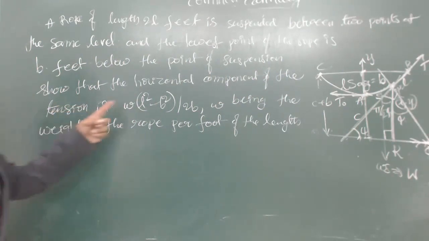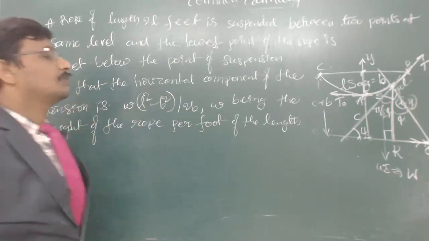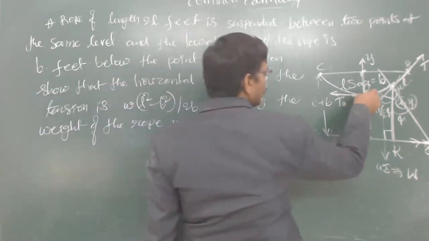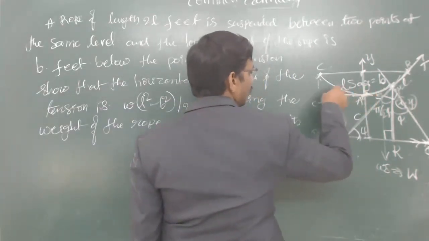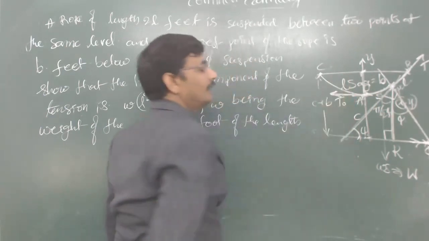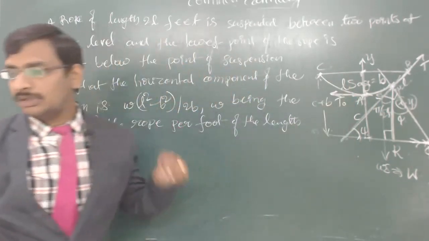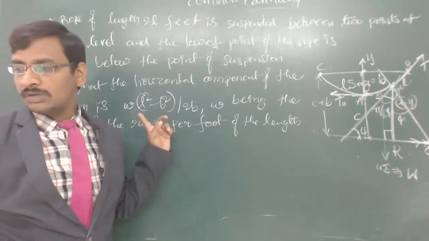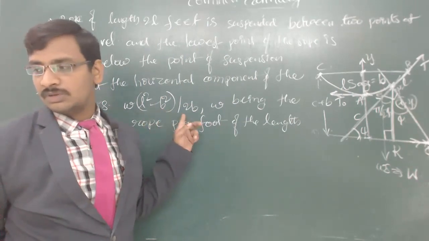Show that the horizontal component of the tension, which is nothing but T cos psi, which is equal to T naught. So he asked us to find out the T naught value, which is going to be equal to W times (L square minus B square) by 2B.